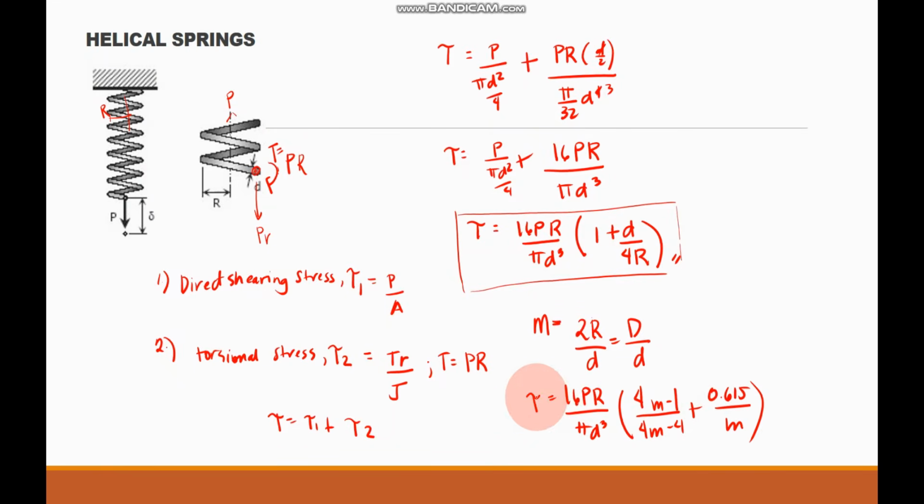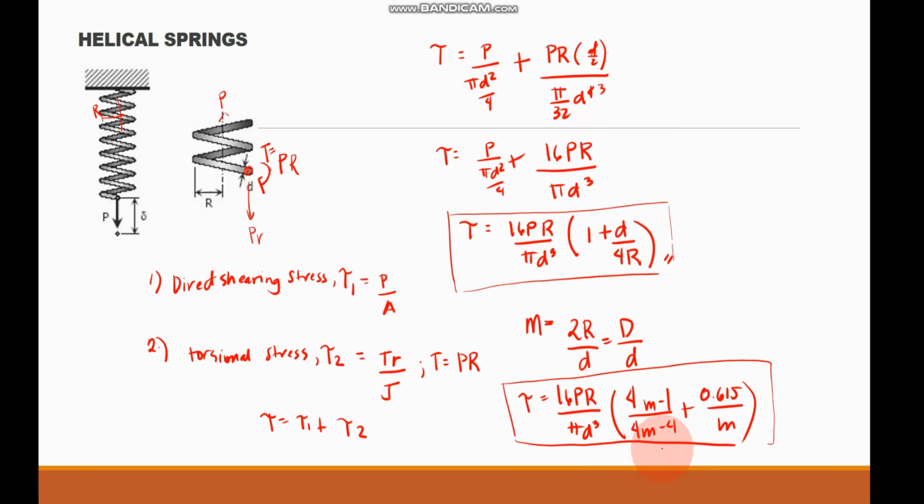So this is another formula in solving the maximum shearing stress by A.M. Wahl. This formula is applicable for heavy spring and when you are considering the curvature of the spring.